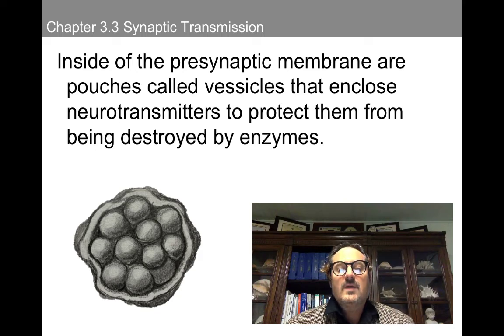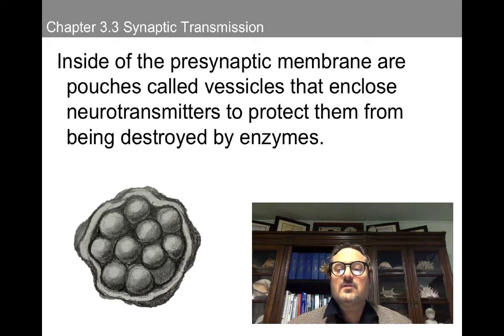Now we haven't talked yet about this, but inside the presynaptic membrane, there are pouches we call vesicles, and they enclose neurotransmitters and protect them from being destroyed by enzymes. So I liken the vesicles to when you go to a vending machine to get yourself some potato chips. It would be really disappointing if you paid for your potato chips and just got a bunch of loose potato chips spit out.